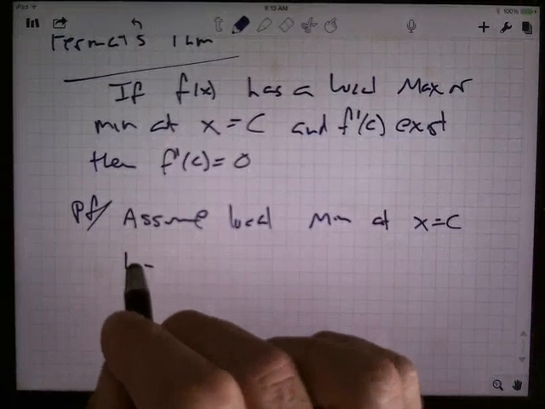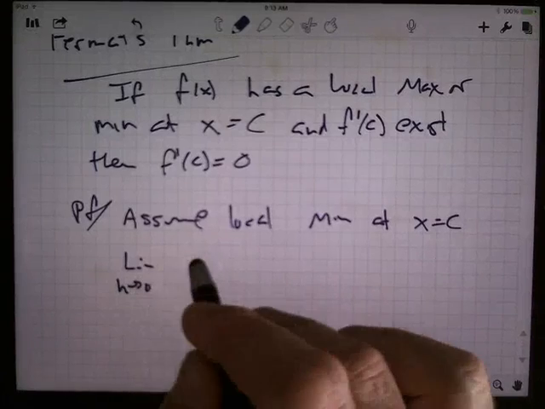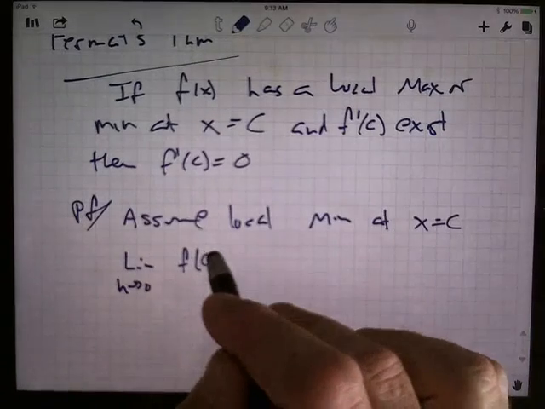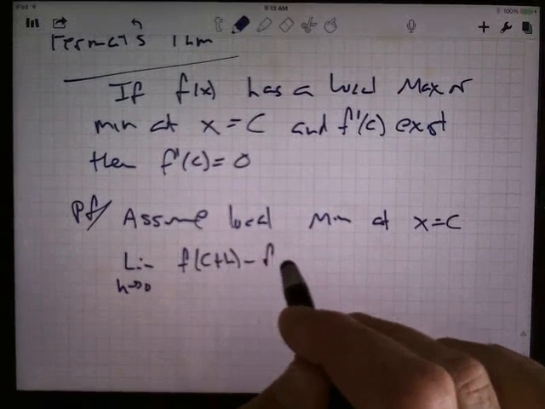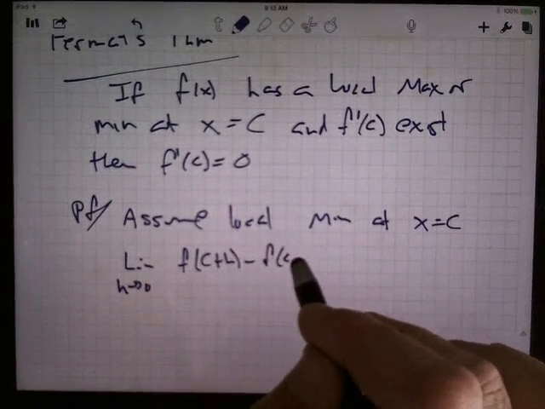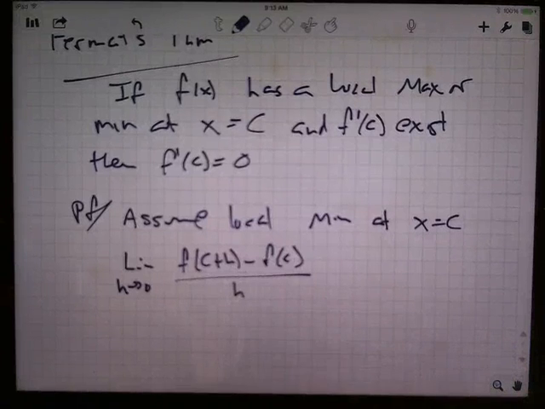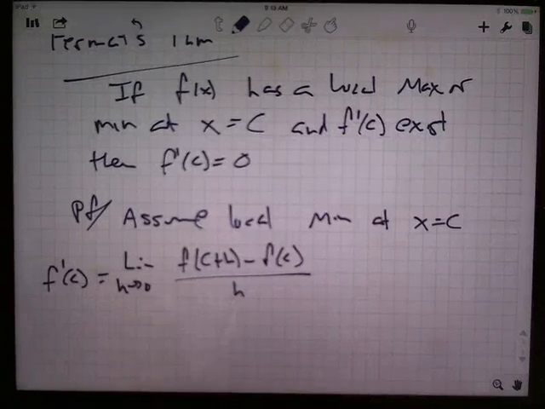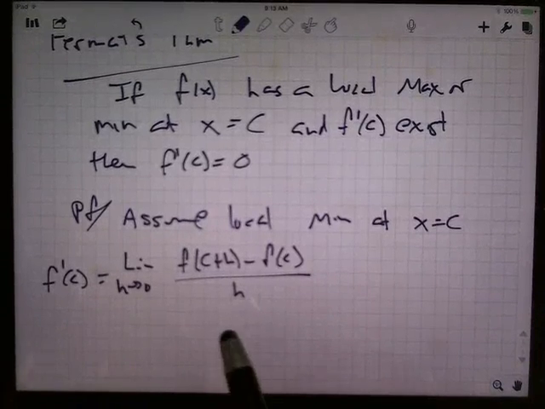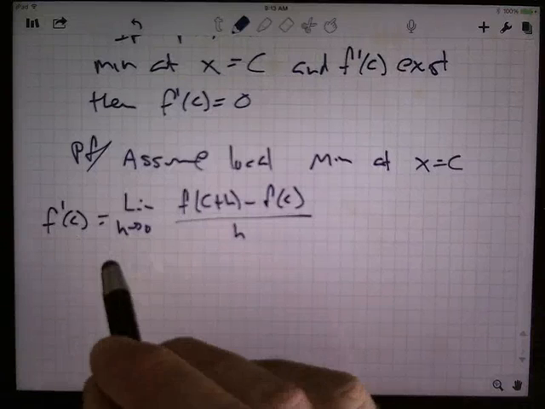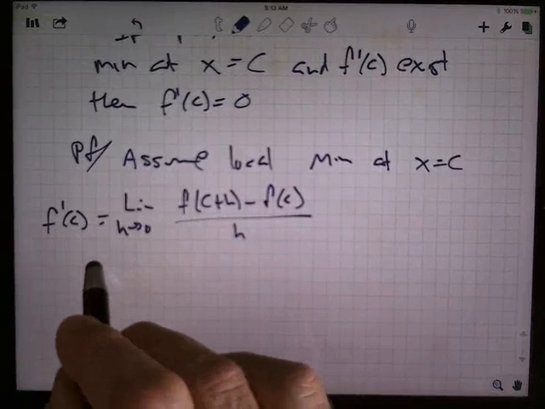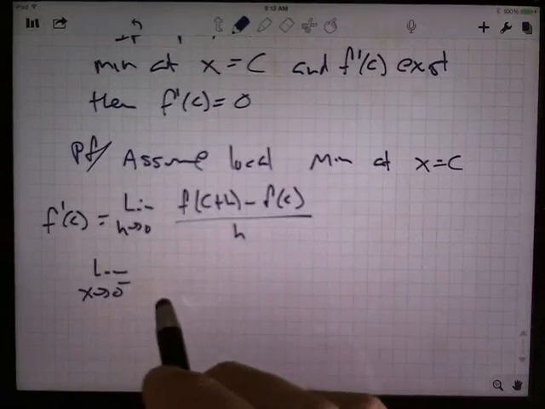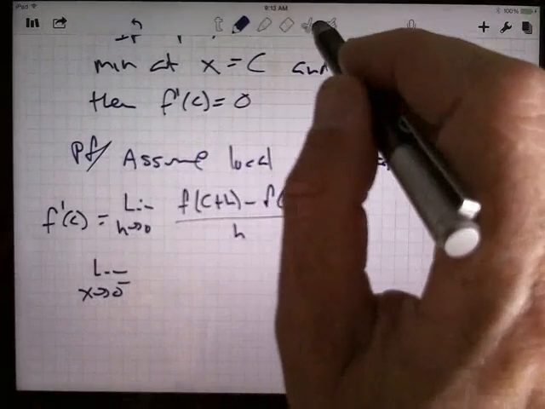Take a look at the limit as h goes to 0 of f of c plus h minus f of c over h. Notice this is equal to f prime of c, right? Now when I look at that limit, if I look at the left-hand limit, h goes to 0, not x goes to 0.